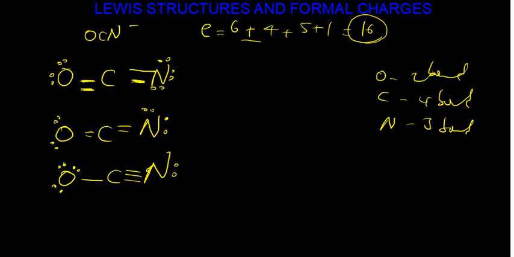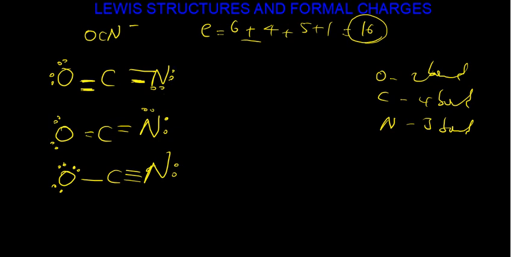So carbon also has 4 things, and even nitrogen is supposed to have 4 things. So this one which is here will go. So it has 2, 4, 6, 8. So everything has 8 electrons. So these are the possible Lewis structures for this compound.